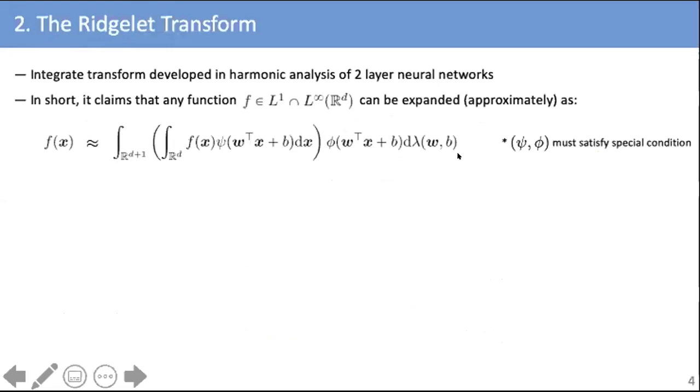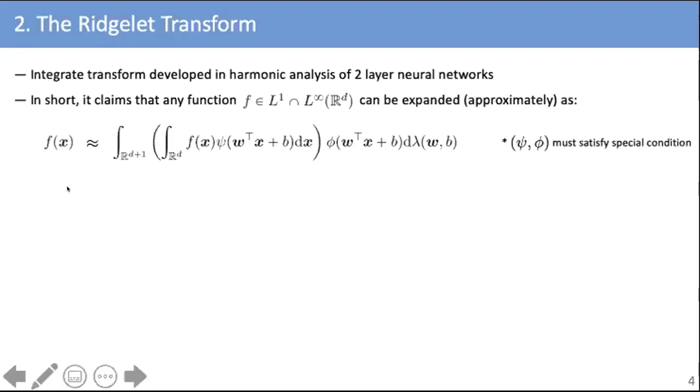I'd like to note that the functions psi and phi here have to satisfy some special conditions. But basically, there is a certain degree of freedom to pick the function forms of psi and phi. For example, this function phi can be Gaussian, hyperbolic tangent, or piecewise linear.